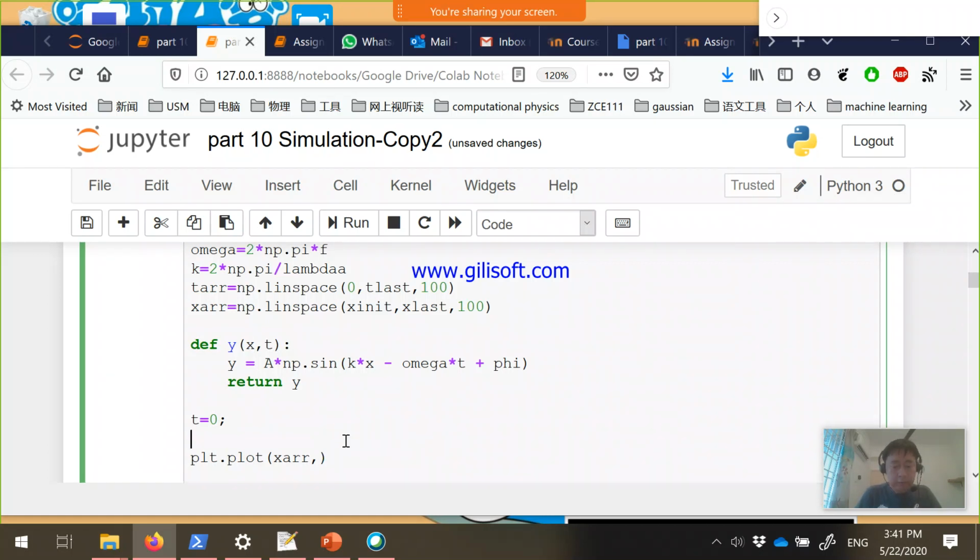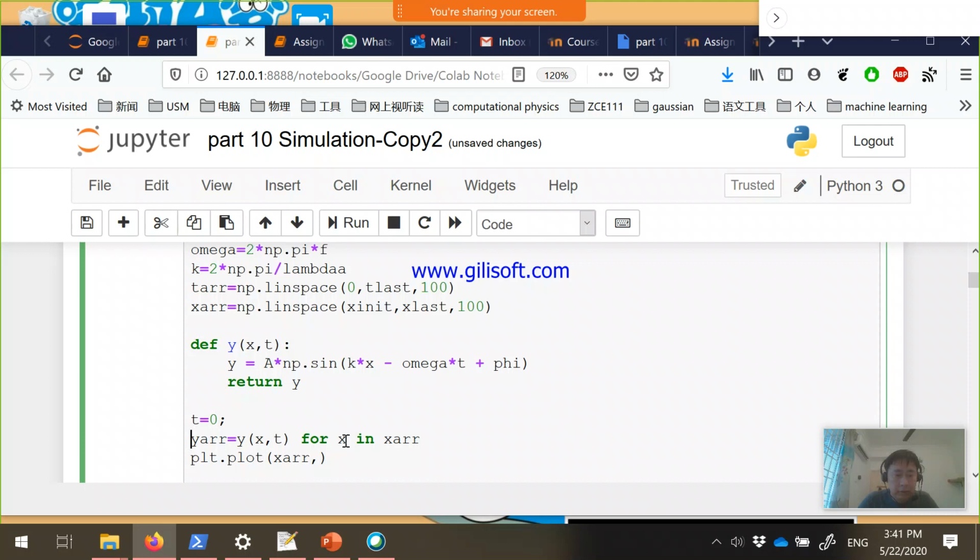So you have to first generate the array, that is the values of y, for x in x array. I think that is how you do it. So you set y array to be y simulated at x, t for x in x array.